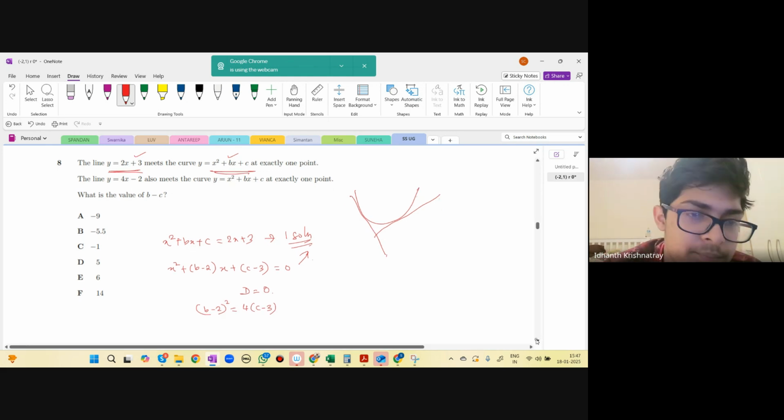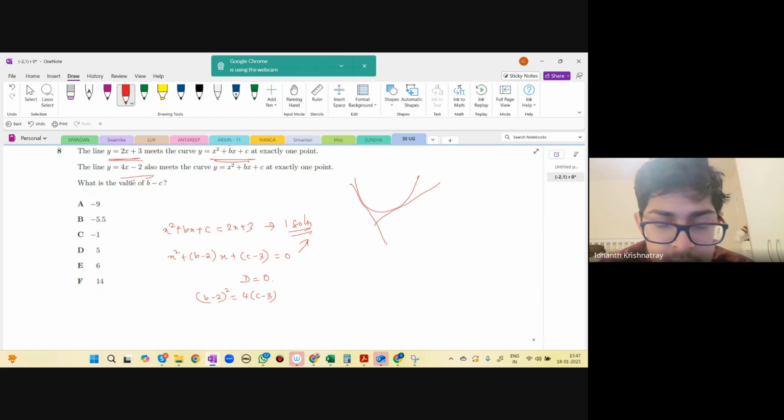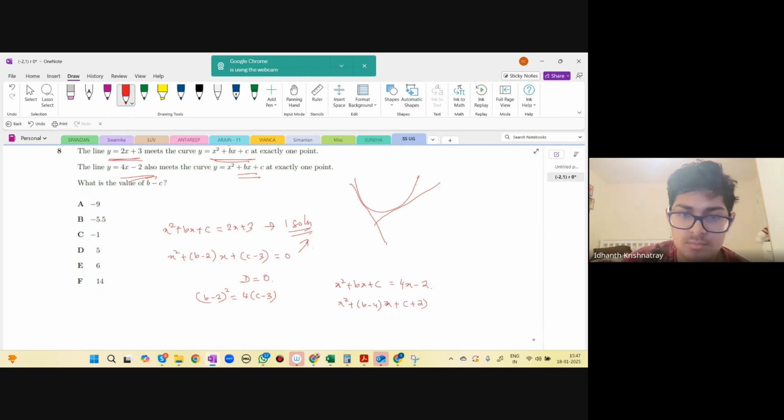By the same logic, the second one will also, x square plus bx plus c equals 4x minus 2.